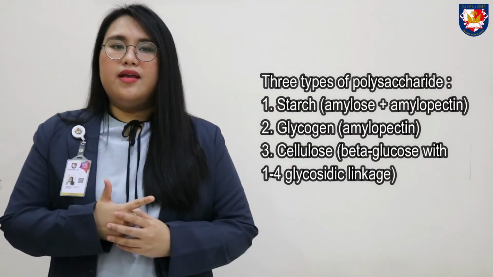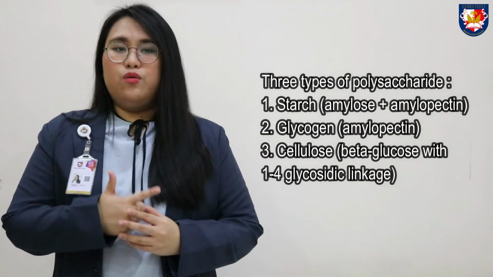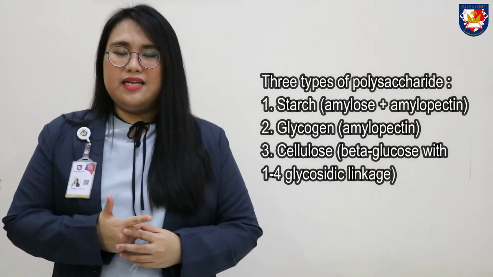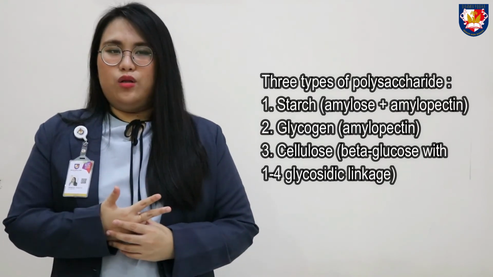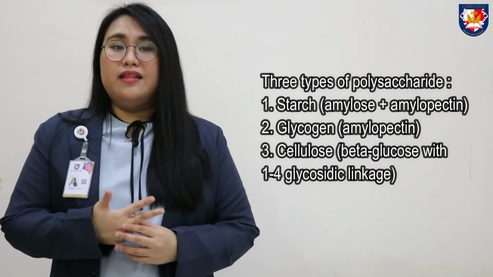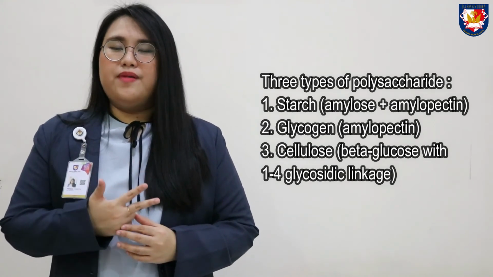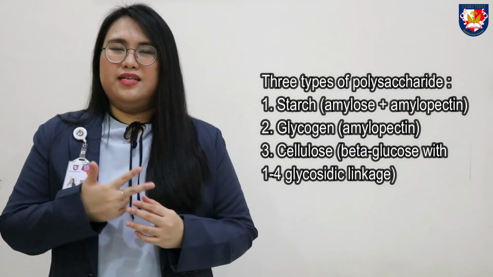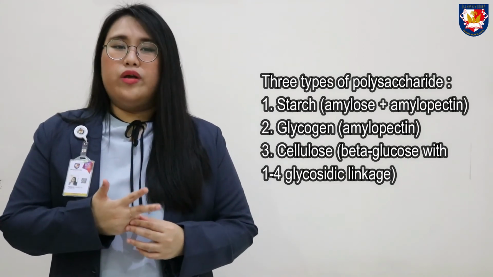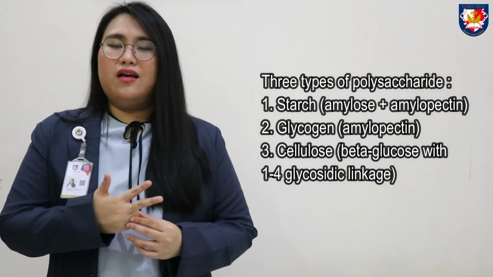The second one is glycogen, which is similar to amylopectin. The third one is cellulose, which is beta glucose with 1,4-glycosidic linkage. I have mentioned that starch consists of amylose and amylopectin, right?